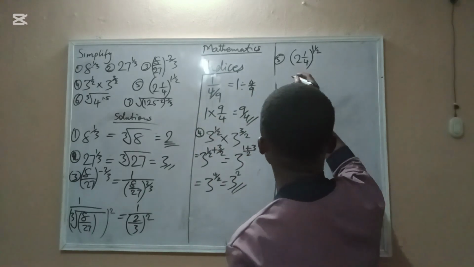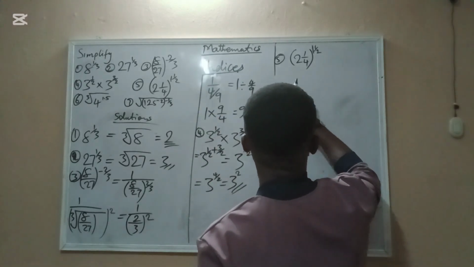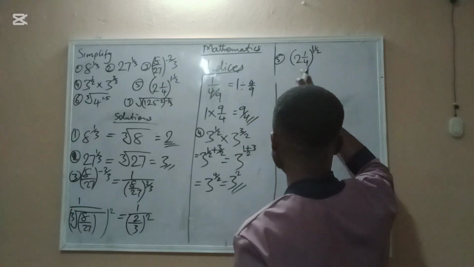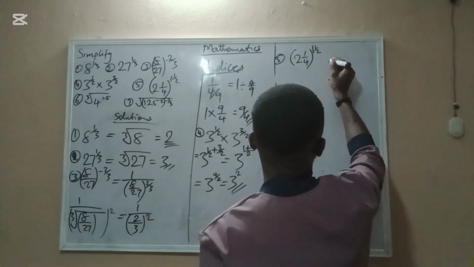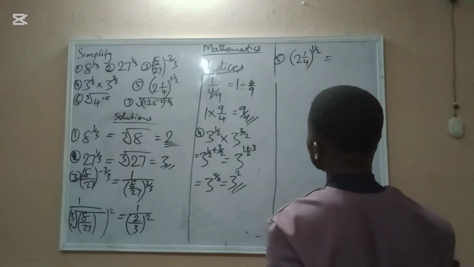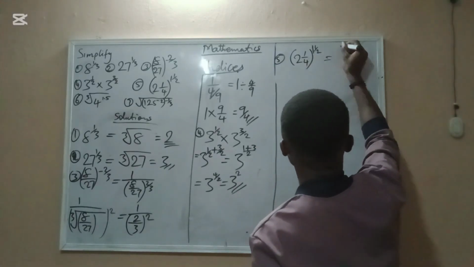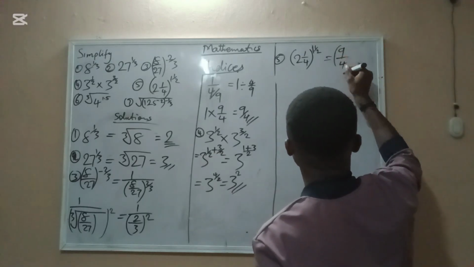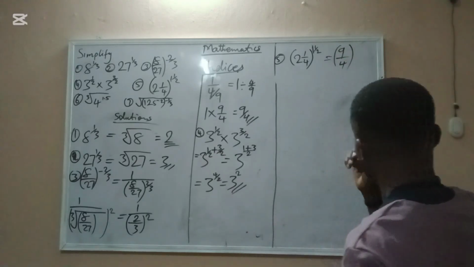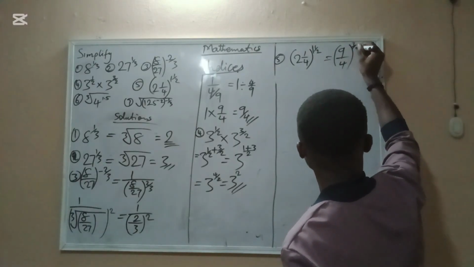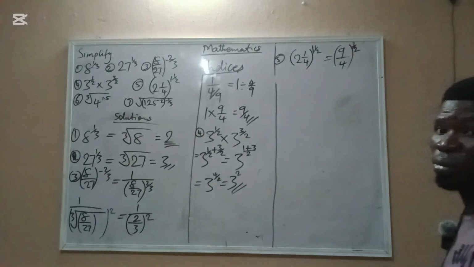First of all, you convert this mixed fraction to an improper fraction. This will give us 2 times 4 is 8, 8 plus 1, 9. That is bracket 9 over 4, all raised to the power 2 times 1, 2 plus 1, 3, all raised to the power 3 over 2.